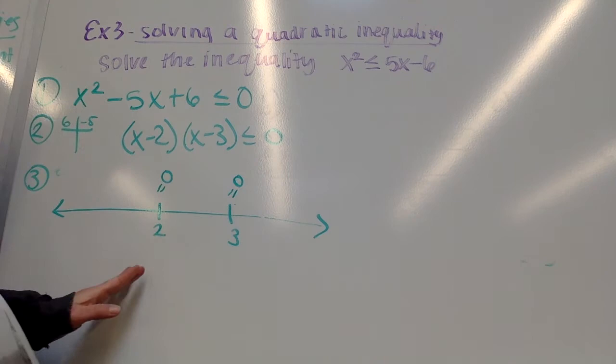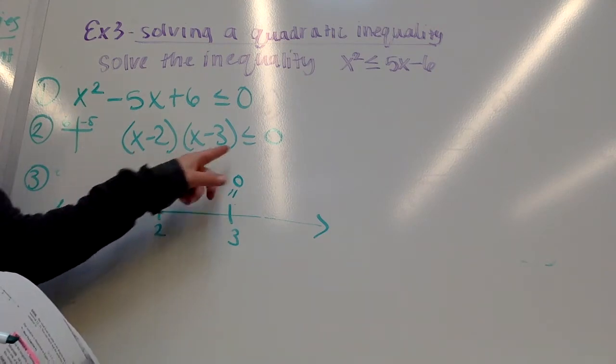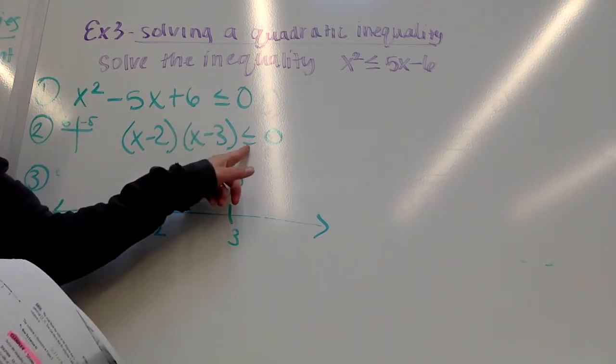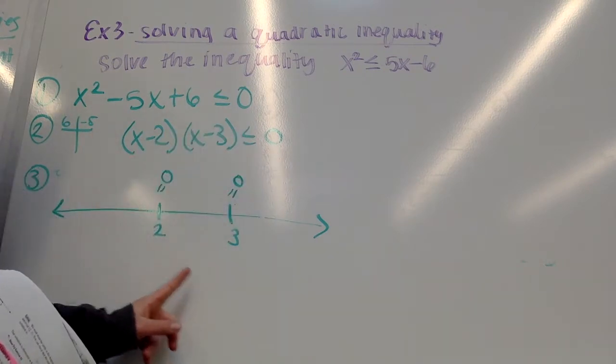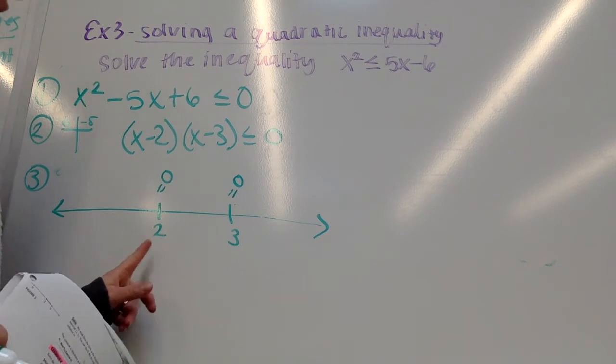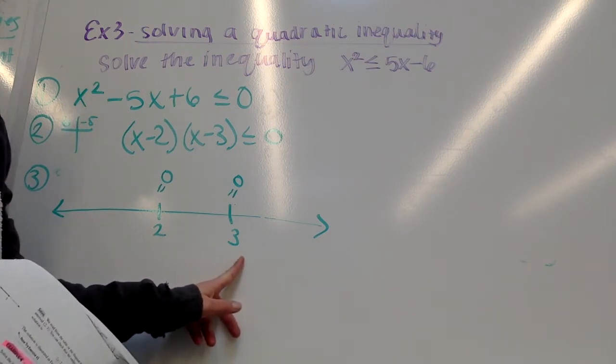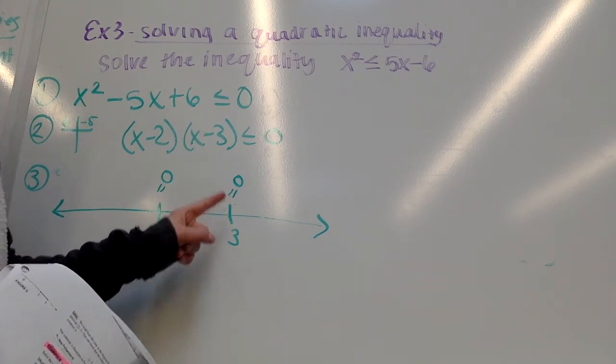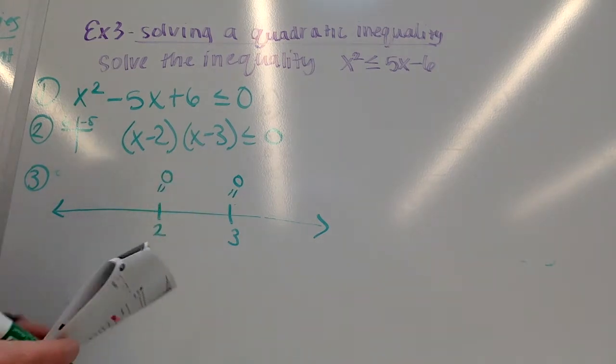And remember that our answer on this side needs to be less than or equal to 0. So those two answers are both going to work. So whatever our final outcome is, 2 and 3 need to be included in it because their answers work because this is a less than or equal to sign.